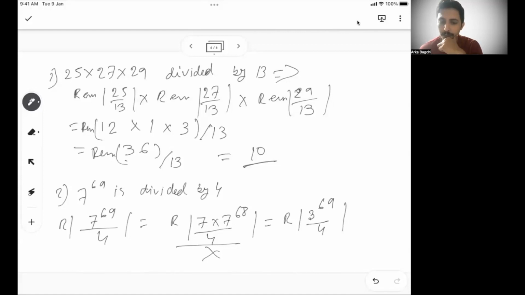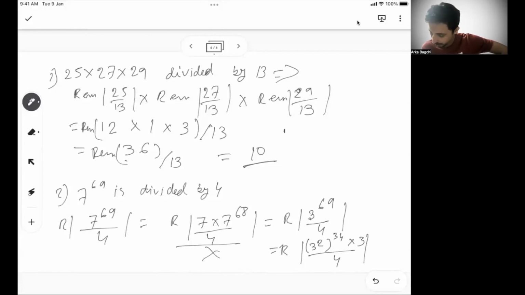Okay. Now, I write this as 3 to the power 69, which is 3 square, and why am I writing 3 square? Because I'm trying to get a power of 3 that gives a remainder of 1 when divided by 4. So 3 square typically gives me a remainder of 1. So 3 square to the power, let's say 34, that is 68, and 3 would be divided by 4.